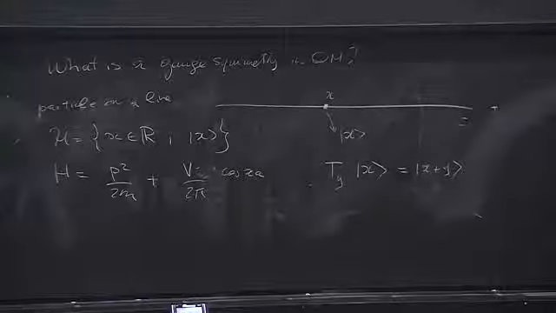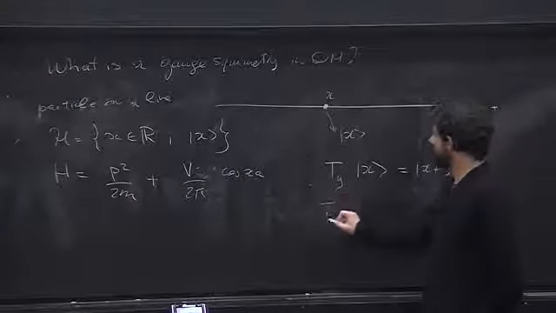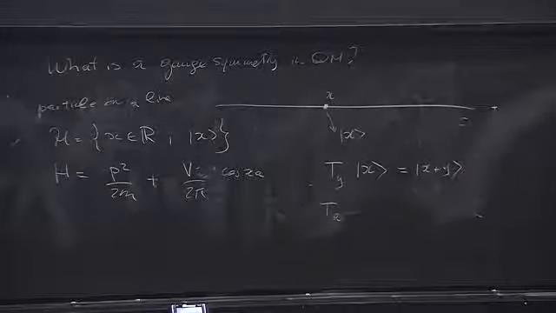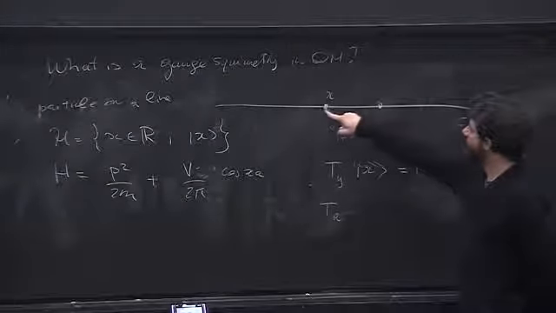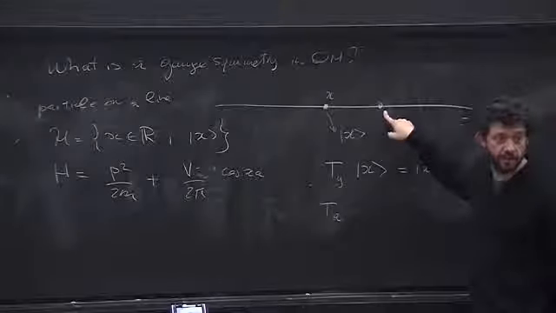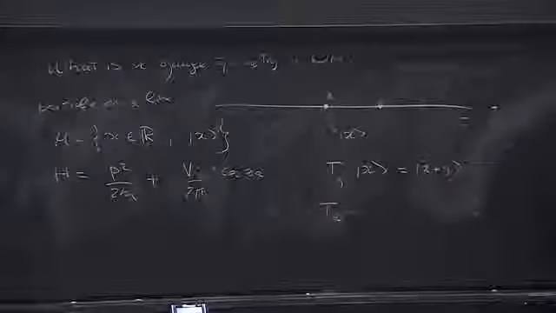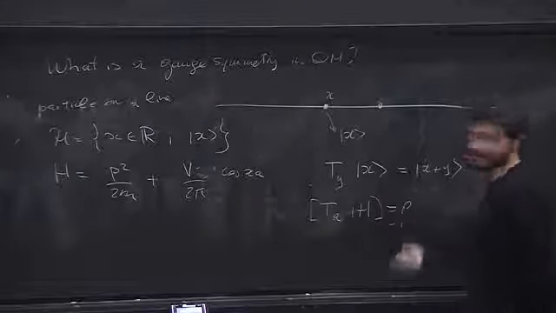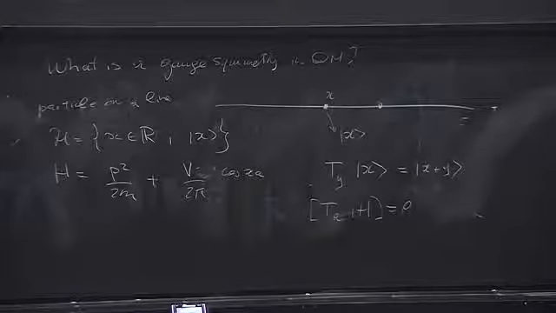So you see that T_A is a symmetry of the Hamiltonian, because if I shift my particle from here to here, I find again the same energy. In other words, T_A and the Hamiltonian commute. So this is a symmetry of the Hamiltonian. I can do a transformation of a state, and under that transformation, I find that the energy, for instance, has the same value.